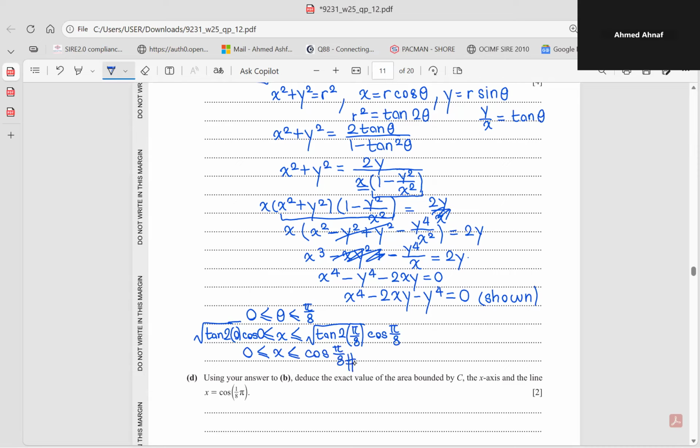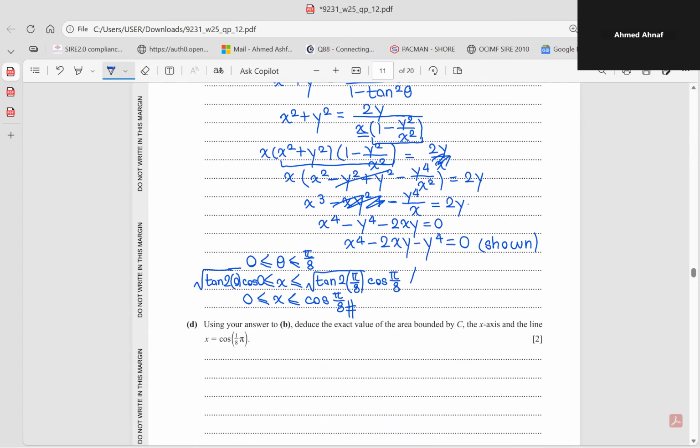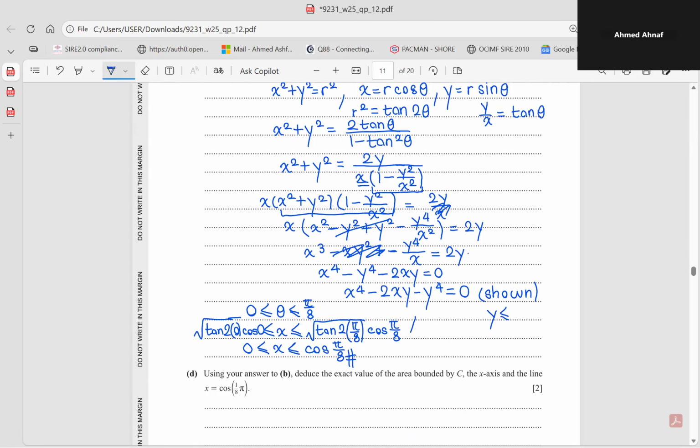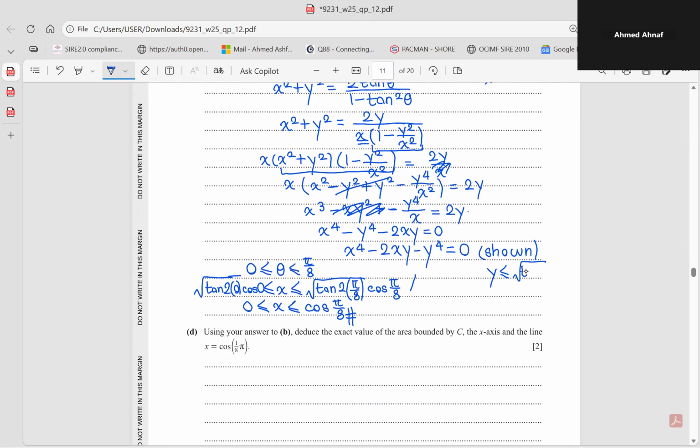So that's also shown. Now let's do for y. Okay, so y is r, which is tangent 2 times pi over 8, times sine pi over 8, times tangent 2 times 0, sine 0.